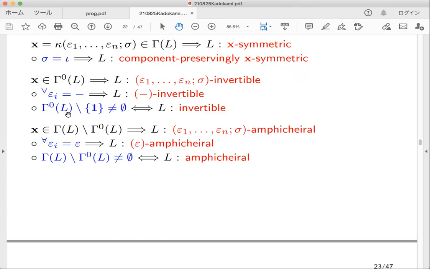And if this set, gamma 0 L minus the unit element, is not the empty set, then L is said to be simply invertible.